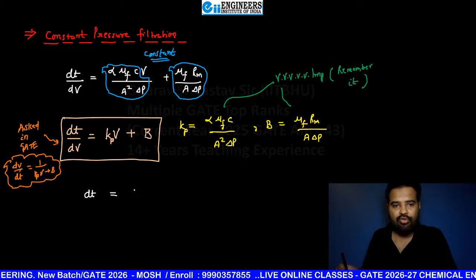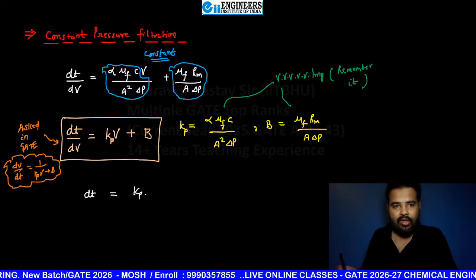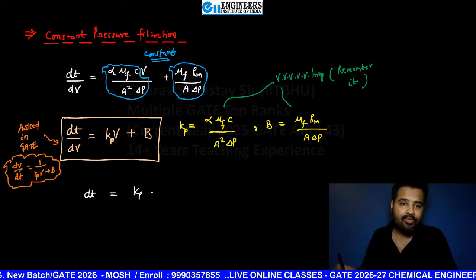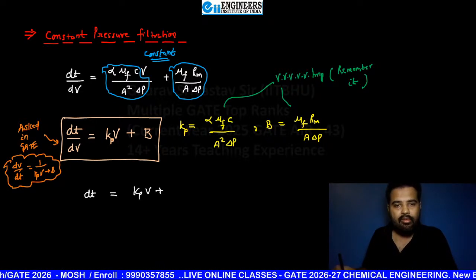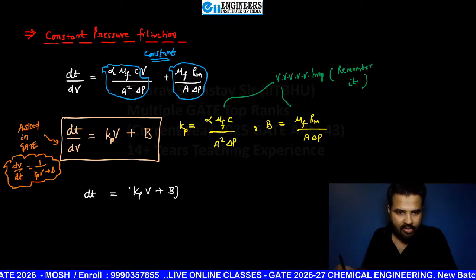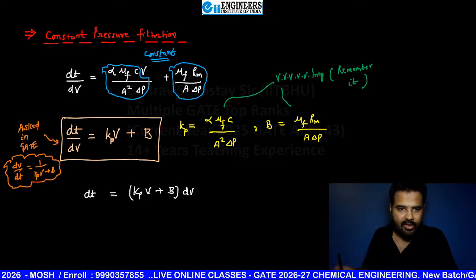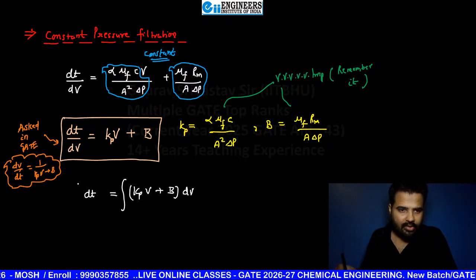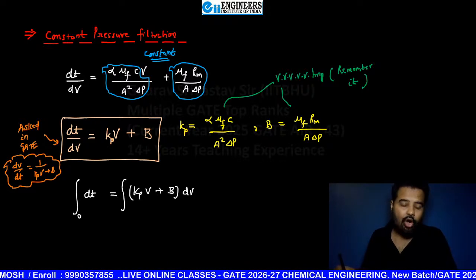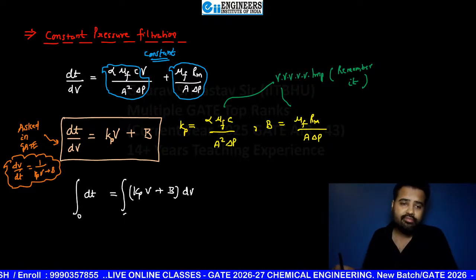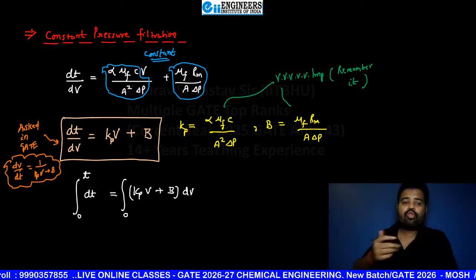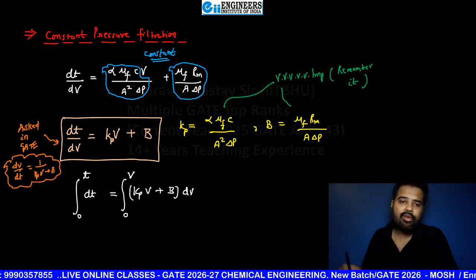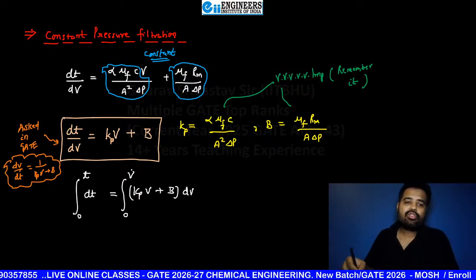So dt is equals to Kp, Kp is constant, so Kp v plus b dv. Limit: when time was 0, how much filtrate collected? 0. At some instant of time t, we want to check how much volume collected. Suppose I'm representing it as v, so just integrate it.